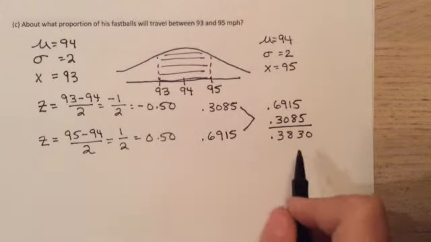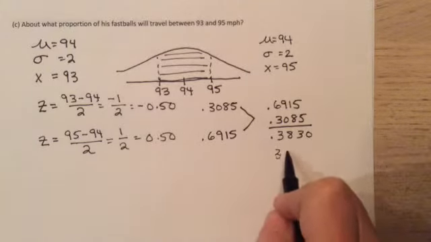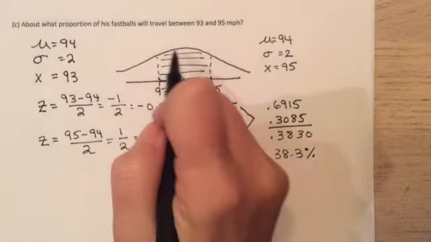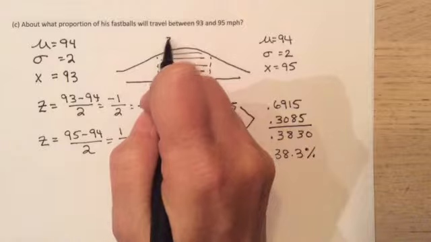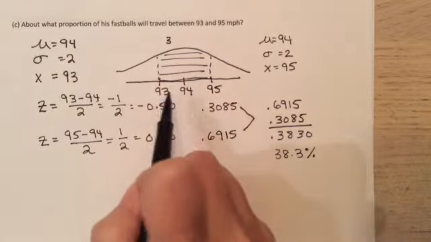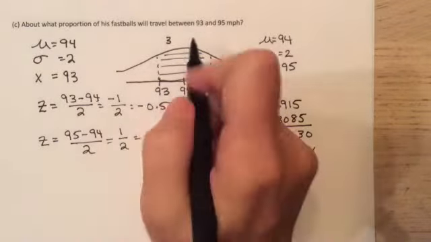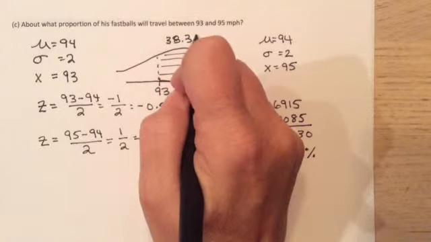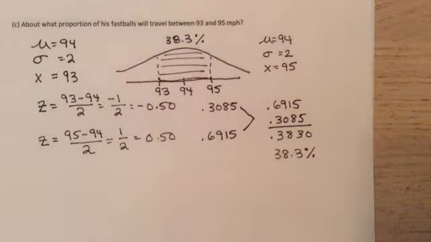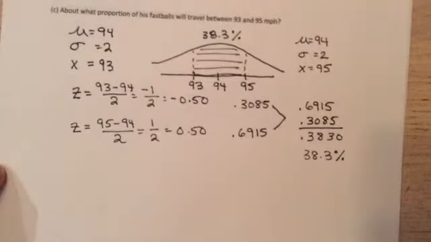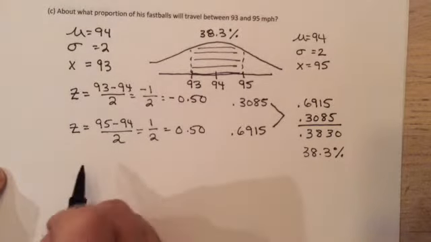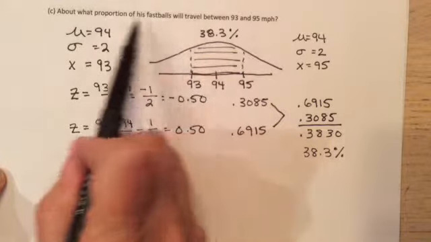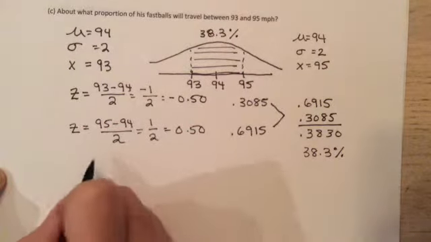Now, what does this 0.3830 represent? Well, it represents 38.3% of the fastballs that are between 93 miles per hour and 95 miles per hour. Answering the question in context, you can use the same words that they used to ask the question.